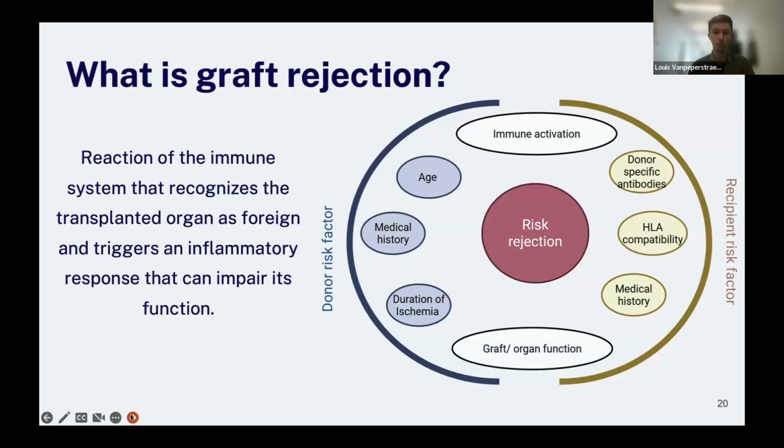Il y a également des facteurs qui viennent du receveur : son historique médical, la compatibilité, puis la présence d'anticorps. Et bien sûr, il y a aussi des facteurs qui dépendent des deux : l'organe en lui-même, dans quelles conditions il est, et également le système immunitaire du donneur et du receveur. S'il est très activé, ça constitue un facteur de risque.